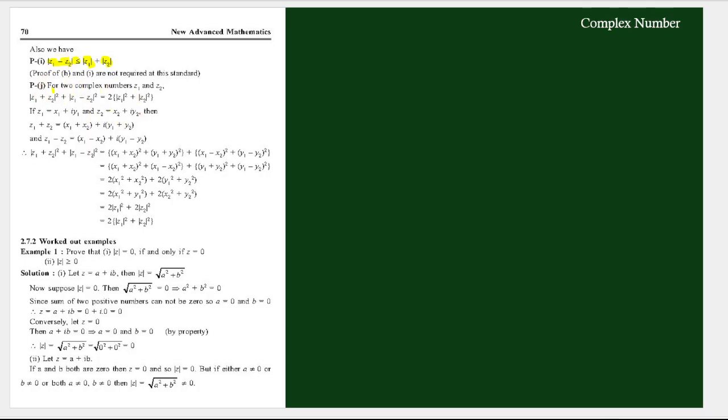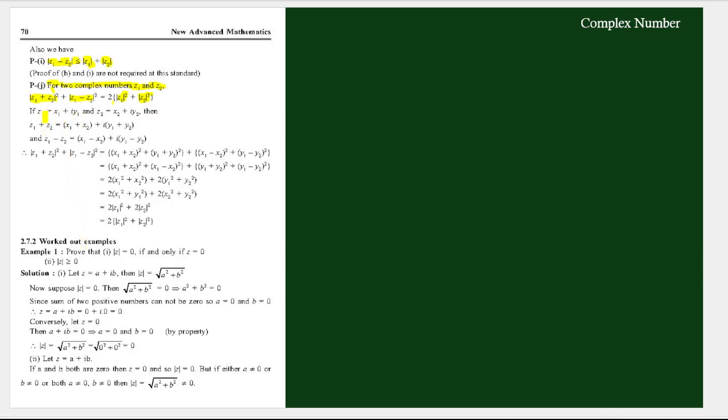Now let's come to our last property. So for two complex numbers z1 and z2, modulus of z1 plus z2 whole square plus modulus of z1 minus z2 square is twice of modulus of z1 square plus modulus of z2 square.